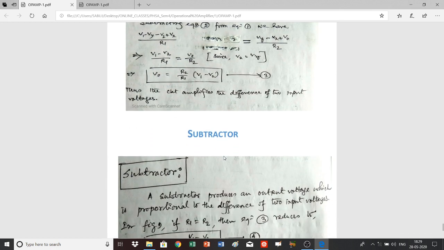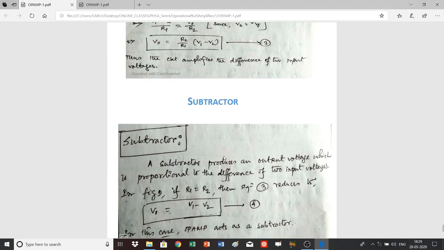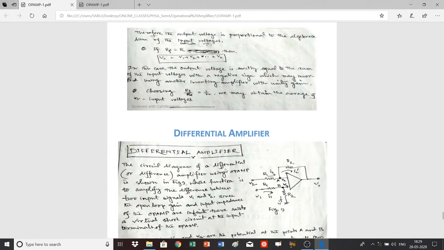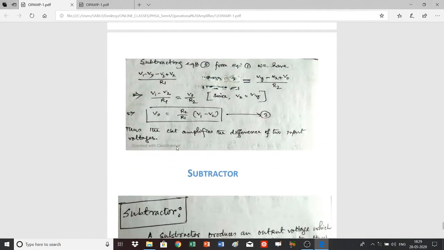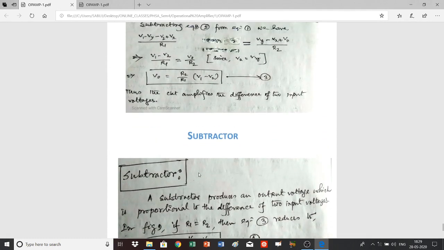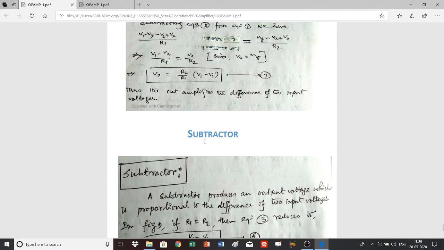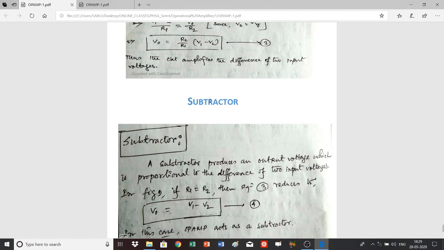Now come to the topic of the subtractor. For a differential amplifier, the output voltage is given by V0 is equal to R2 by R1 into (V1 minus V2). Now if R2 and R1 are equal, then from this relation you can write V0 is equal to V1 minus V2.